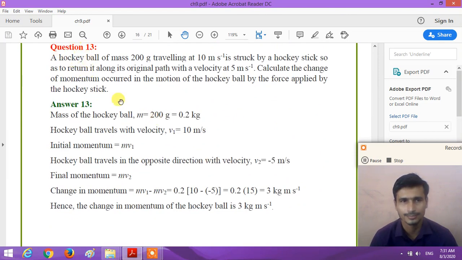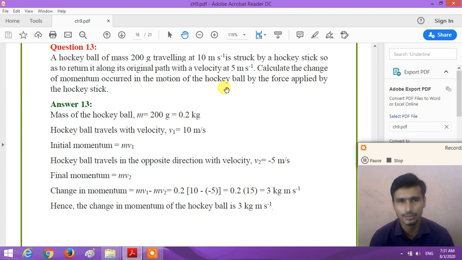Question number 13. A hockey ball of mass 200 gram traveling at 10 meter per second is struck by a hockey stick so as to return it along its original path with a velocity of 5 meter per second. Calculate the change of momentum that occurs in the motion of the hockey ball by the force applied by the hockey stick.